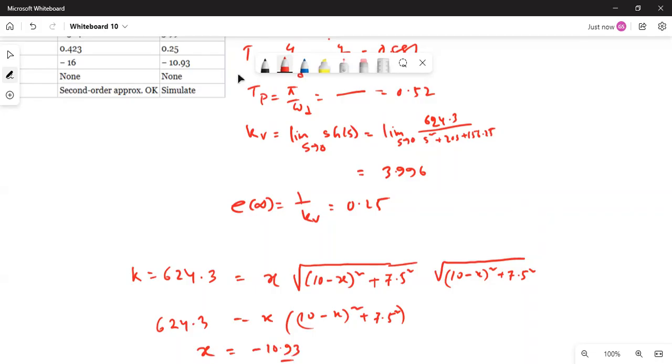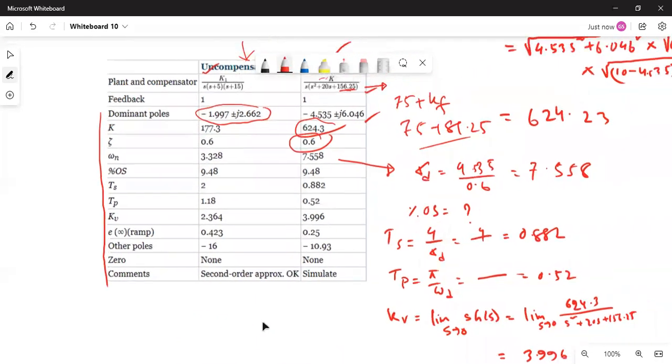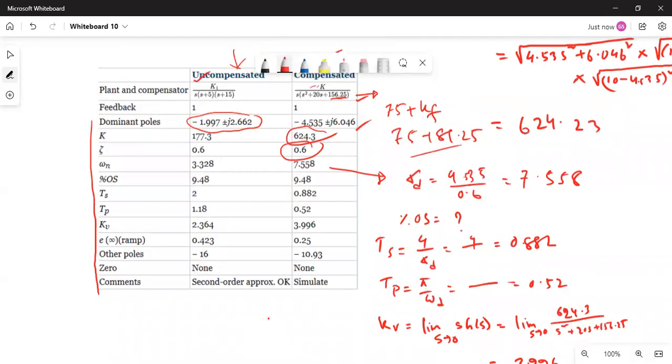Plus, we have to comment on our second order approximation, whether it is valid or not. For the uncompensated system, the real part, as you can see, is around 2. The dominant second order pole is minus 2, and the other pole is minus 16. So it's more than 5 times, and your second order approximation is valid in this case.